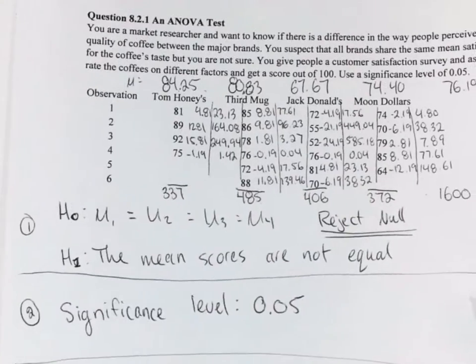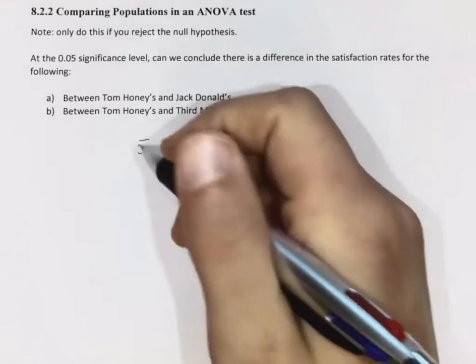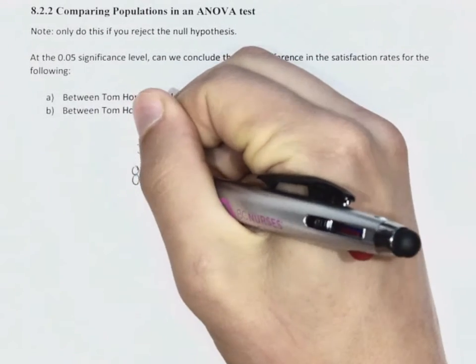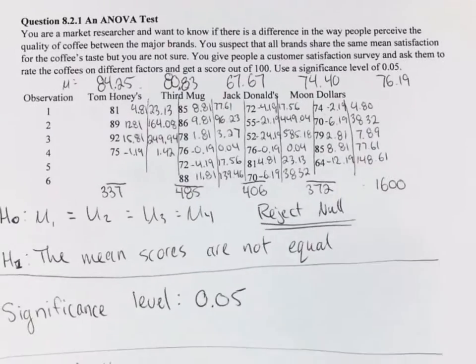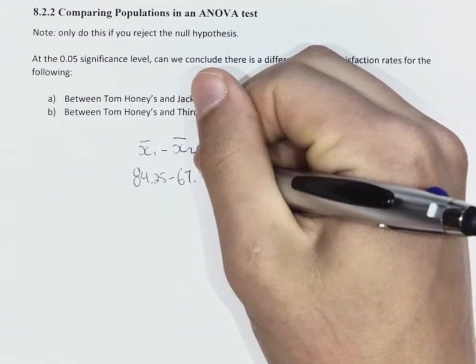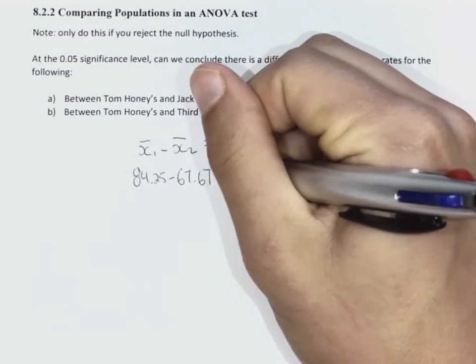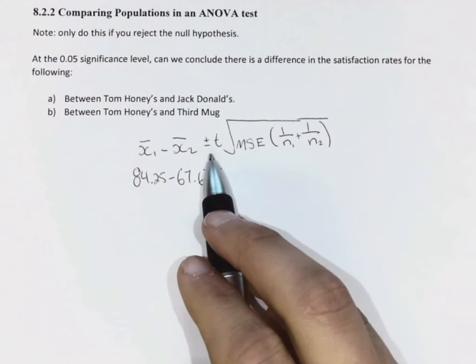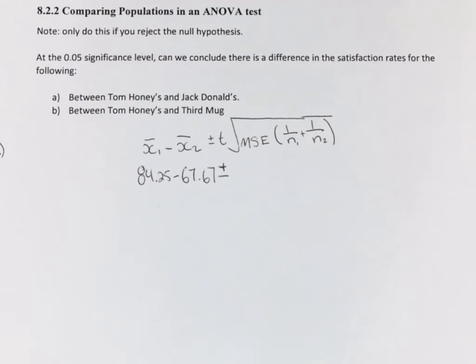Our mean, if you recall from the last question, Tom Honey had a mean of 84.25, and that can be our first mean variable, less Jack Donald's, which had a mean of 67.67, plus minus our t. Now to determine our t, we need to review our t-chart.